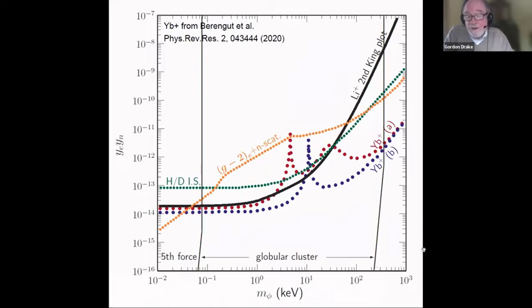And also there are astrophysical limits from globular star clusters and searches for a fifth force, which would actually be more sensitive, but they're strongly model dependent. And so it's highly desirable to have an independent check based on laboratory measurements rather than astrophysical ones. So an experiment in this region would still be of interest.